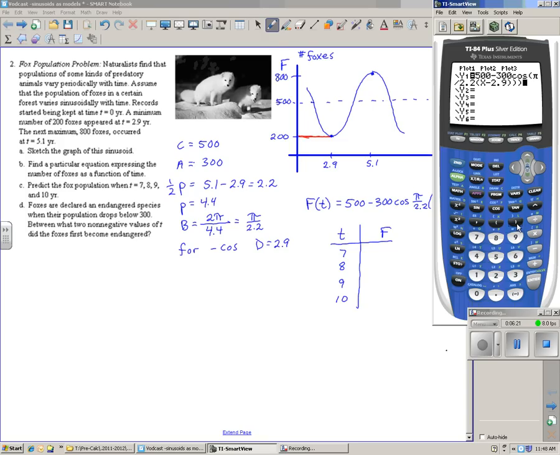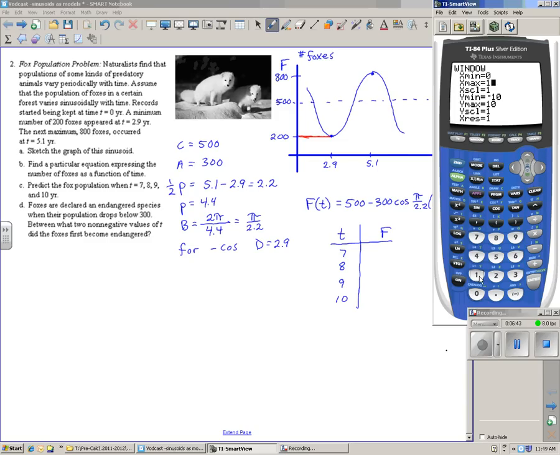Okay, I'm going to graph this. And let's make sure we're in the right mode. I'm doing this in radians, so I want to be in radian mode, which I am. And I want a window that kind of reflects the situation here. So I don't need to go to -10. I'll start at 0. And I'm going to go out, well, our t-chart so far is going out to 10 years.